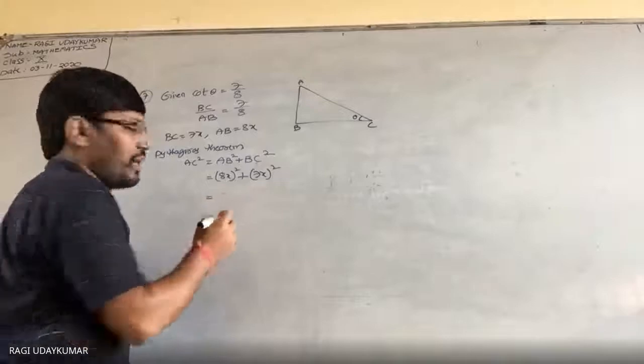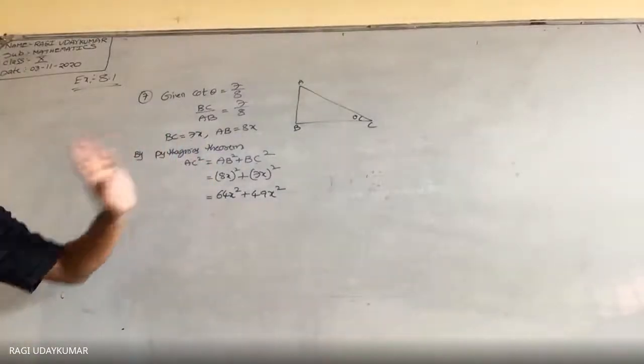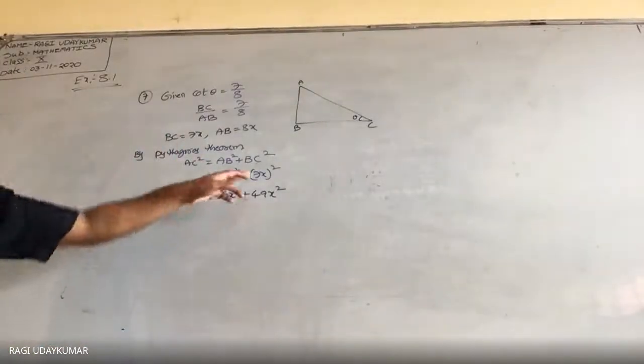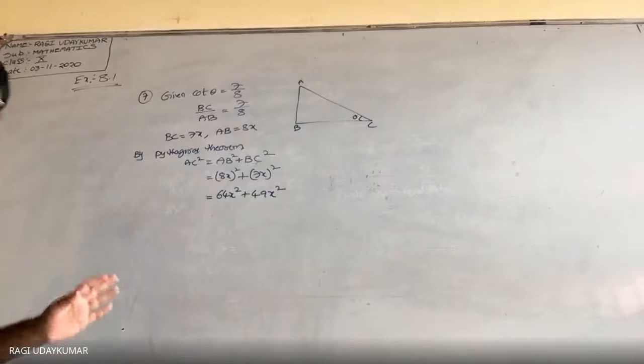Yes, tell me what is it? 64x square. 8 square is 64. And 49x square you are going to get. Is it right? Yes, sir.